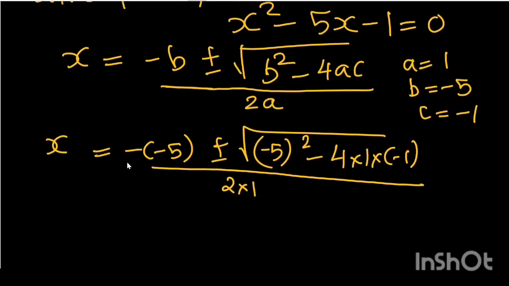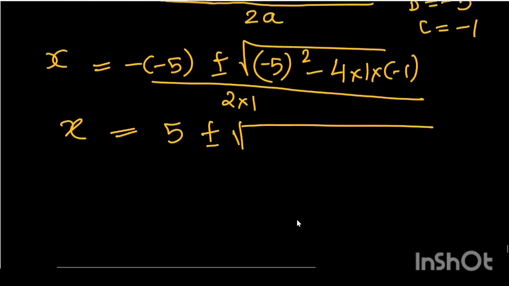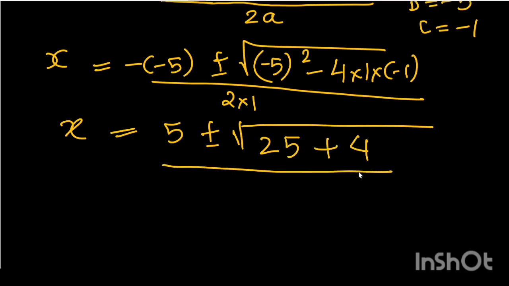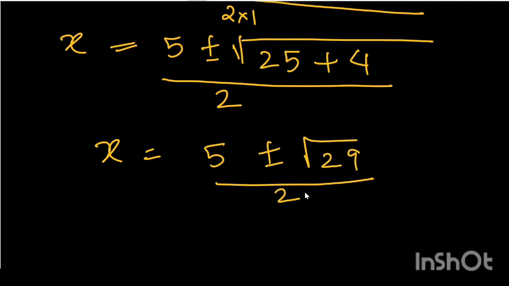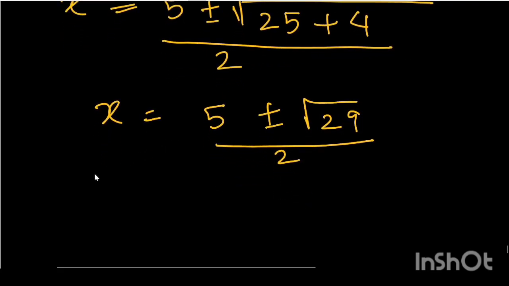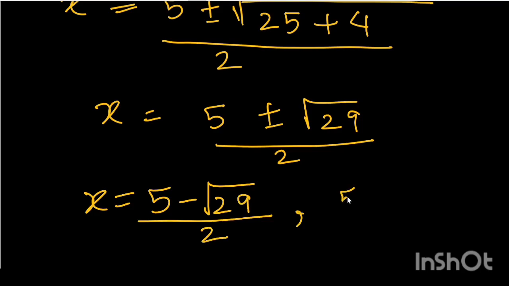So we get 5 plus minus under root 25 plus 4 upon 2, which gives x equals 5 plus minus root 29 by 2, which is x equals 5 minus root 29 by 2 and 5 plus root 29 by 2.